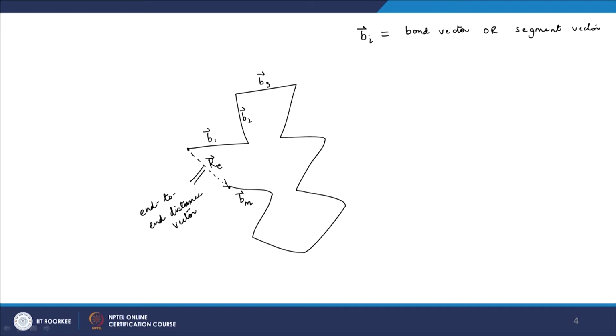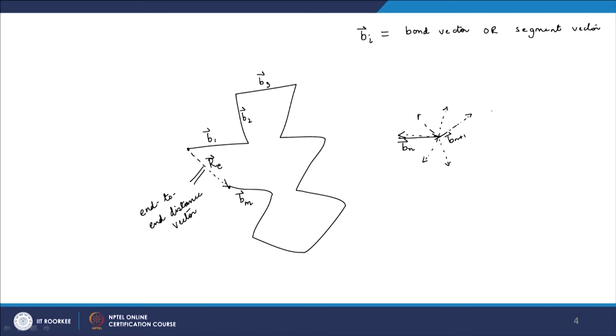So what I really mean to say is, if I look at any particular bond vector here and the adjacent one, so let us say I look at some nth bond vector here, the next bond vector is free to be in any direction. It can be like this, like that, like that. It can even be folding back onto the previous segment. Okay, and we will talk about this in a moment. What does the folding back mean, and so on.